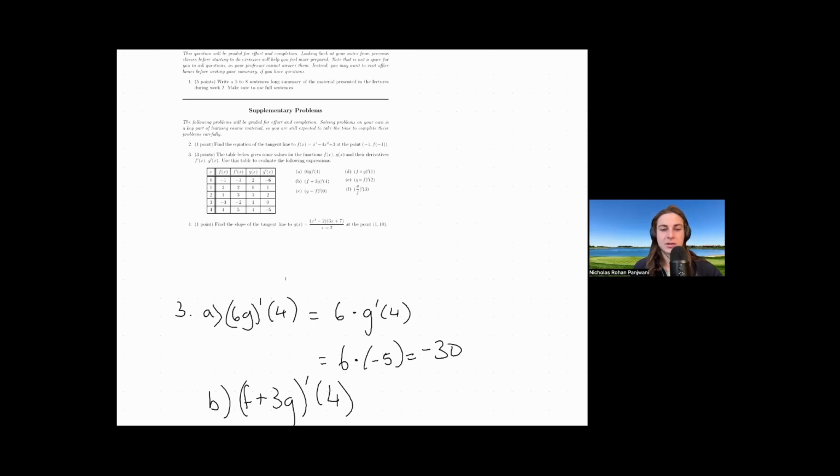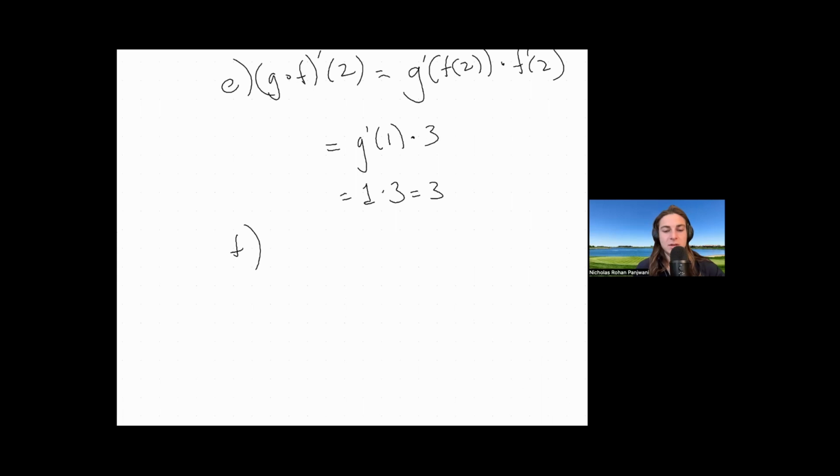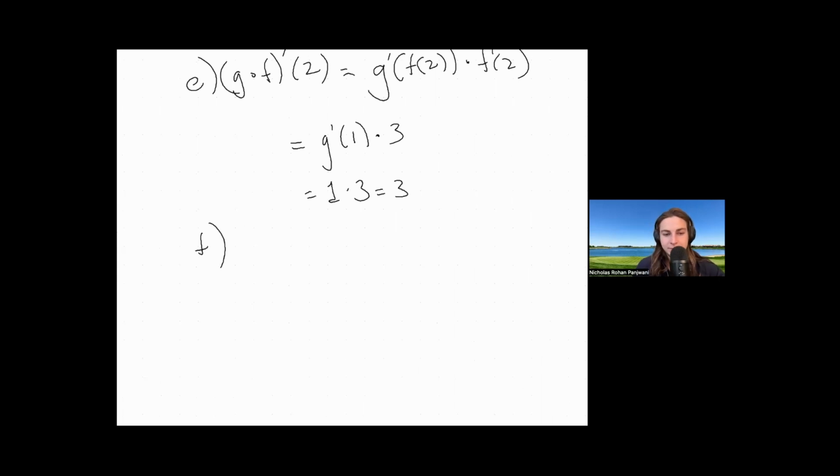Now, f over g, in parentheses, prime of 3. So now we get introduced to what's called the quotient rule. So we had the sum law, and we had the difference law, but now there's also something called the product rule, or product law. I don't know if they also call it that, but the product rule.